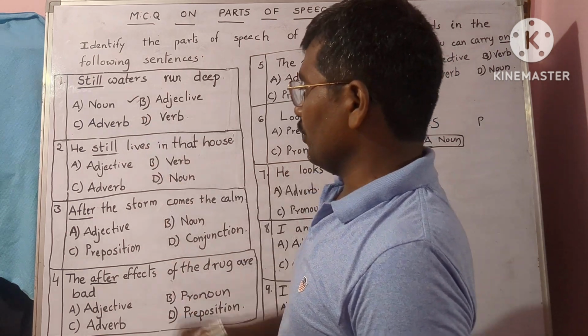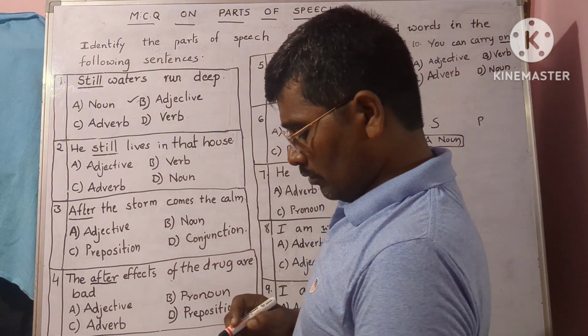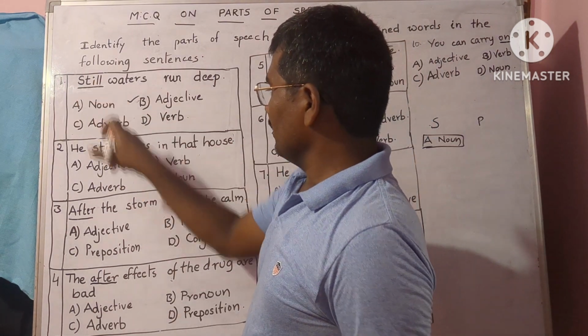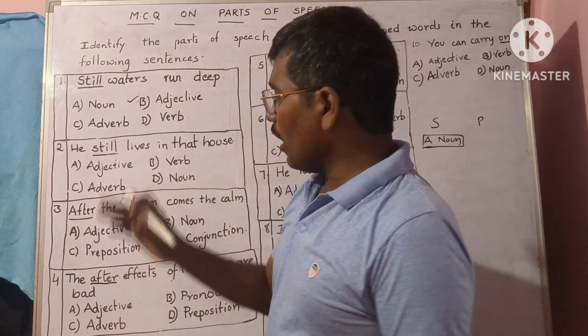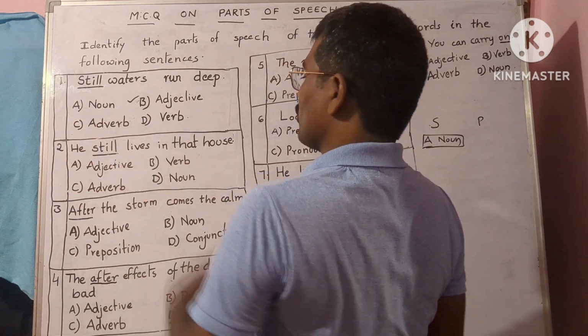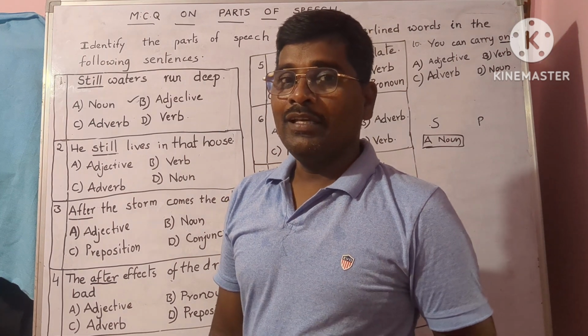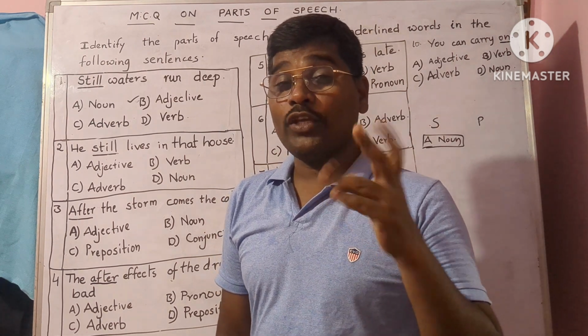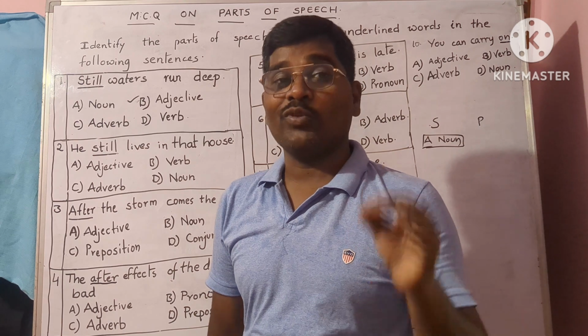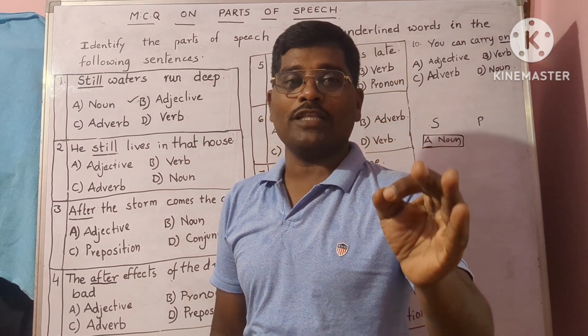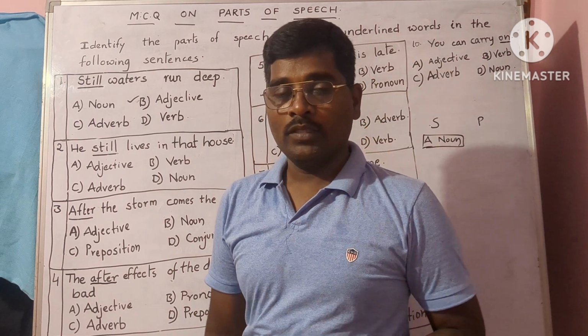It is an adjective. Now, the same word, still, how does it change its part of speech in the second sentence? Let us see. My dear friends, unless we use a word in a sentence, we can't decide the part of speech of that particular word.